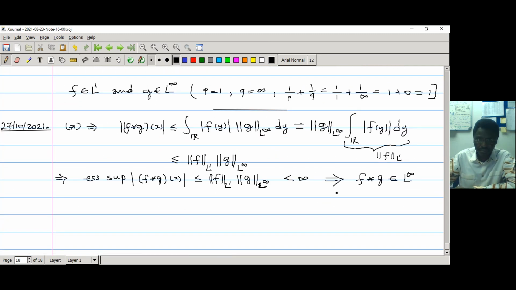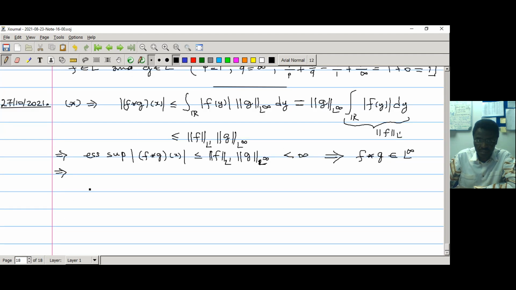So we can write here. So it also means at the same time that this norm, which is in fact the norm of the convolution, L infinity, is less than or equal to the norm of G, that is the infinity norm.